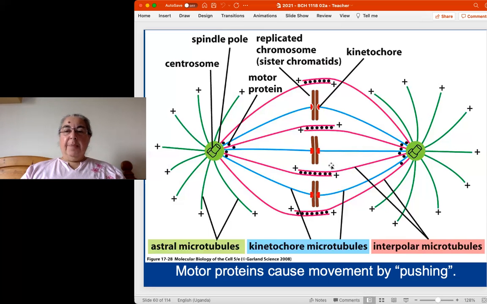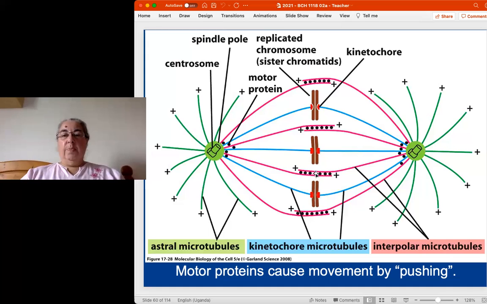So if we think about the spindle poles, if these microtubules move so they're slid away from each other, and because the microtubules are stiff and strong, they will push the two spindle poles apart, and they will lengthen the cell, make it longer and thinner, ready for cell division.